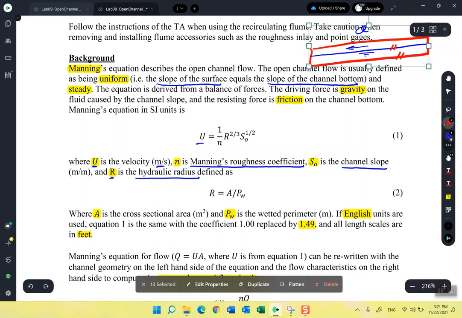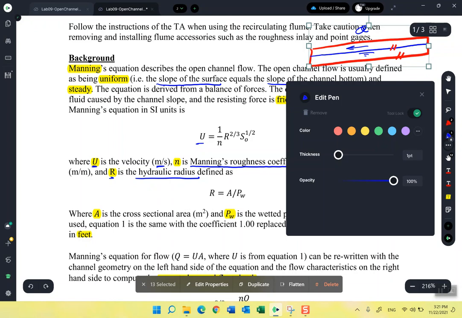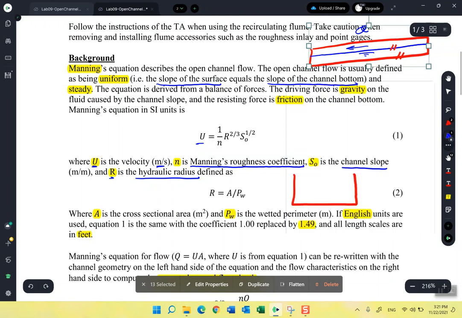So that was the side view of the flume. Now just imagine that we are looking from the front. The flume will look something like that. It's a rectangular flume, and just to make that more clear, in the lecture, Dr. Abu Kifa showed you the typical cross-sections of channels.